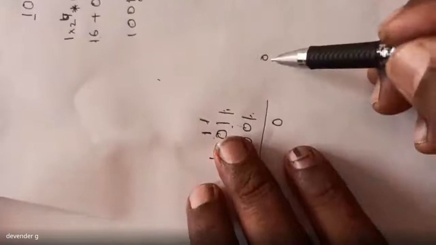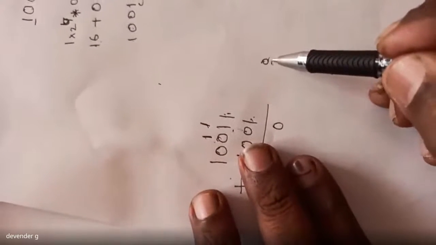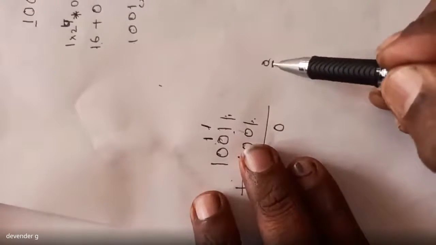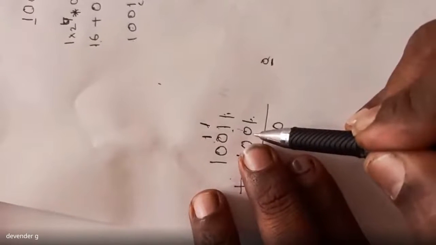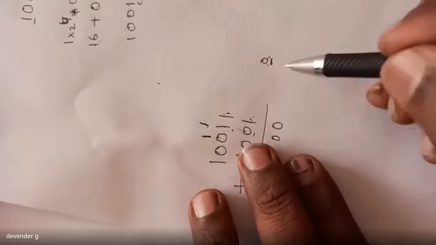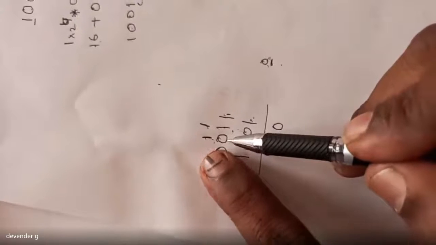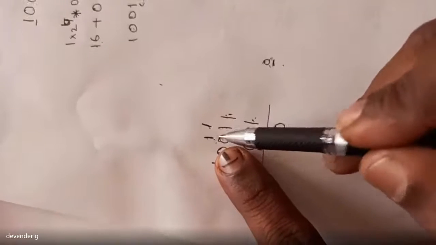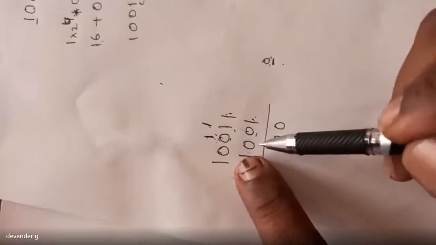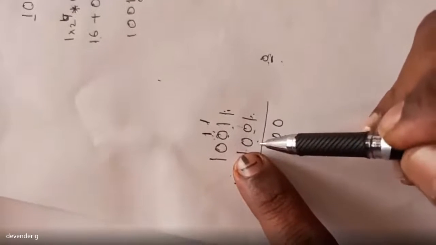Now, what is the value I got here? I got 0. And this 0 plus this 0, what is the answer? 0. Done? Up to this, okay? Then 1 plus 0? 1. 1 plus 0 again? 1.